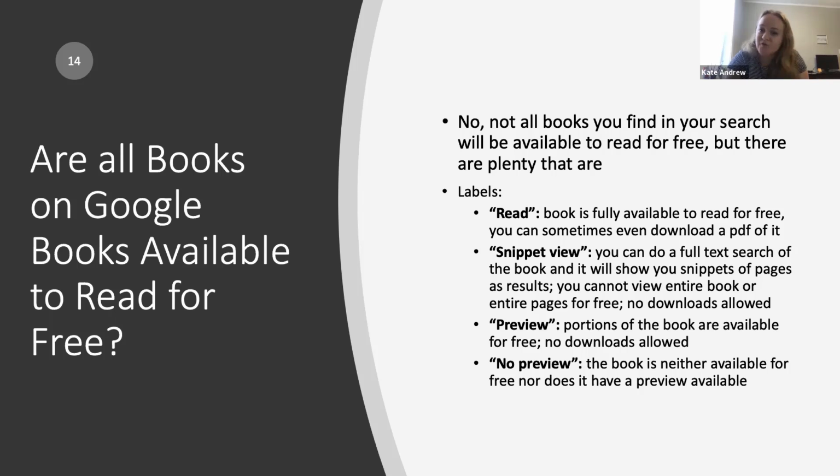However, other portions aren't. And you also cannot download the book for free. And no preview books are books that are in the Google Books catalog, but you can't view them. There's no digital copy of the book attached to it, but you can use that information to go to your library and ask the librarian to help you find a physical copy of the book.